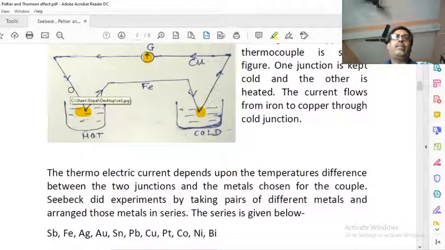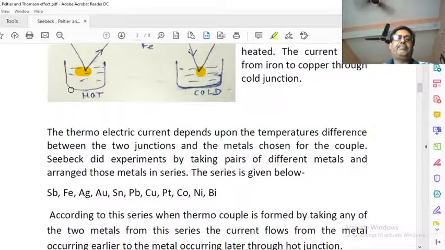On the basis of those observations, Seebeck prepared a series of those metals, a list through which the direction of current can be obtained very easily.